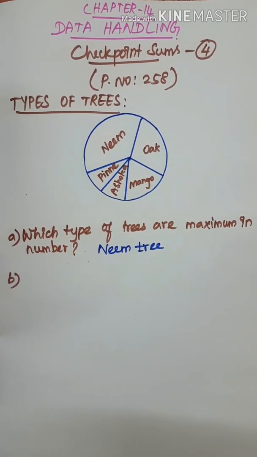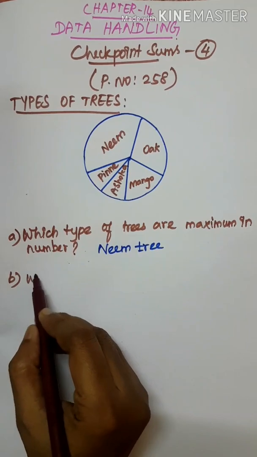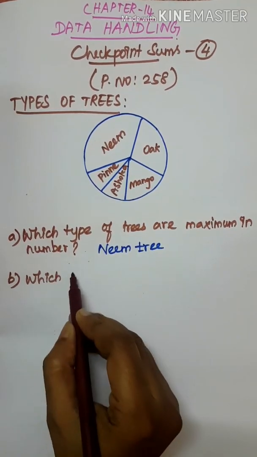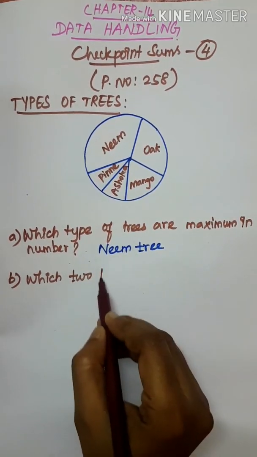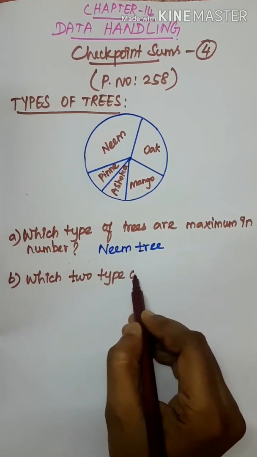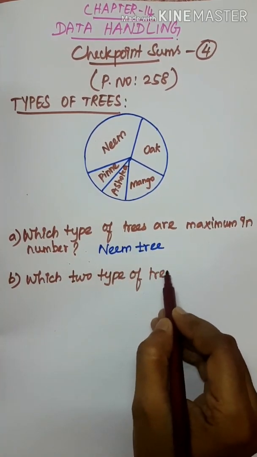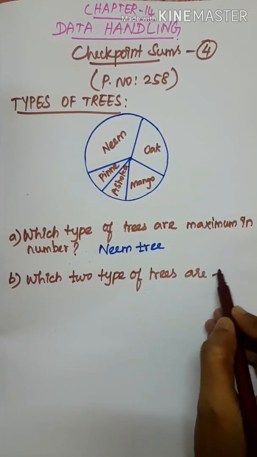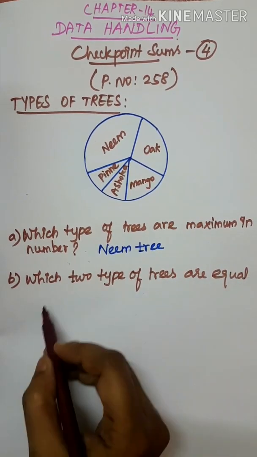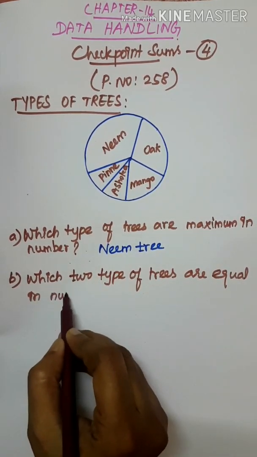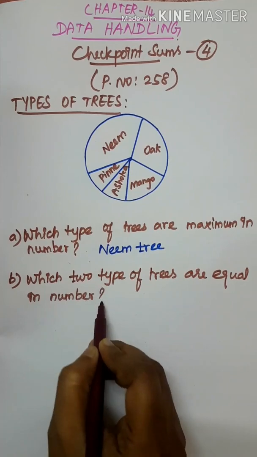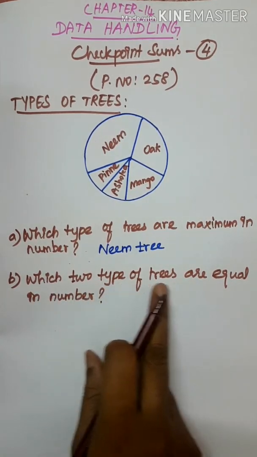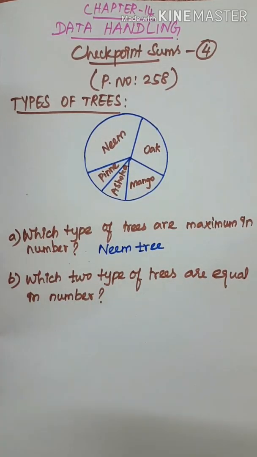Next is of second question. Which two type of trees are equal in number? Easily you can say, right?